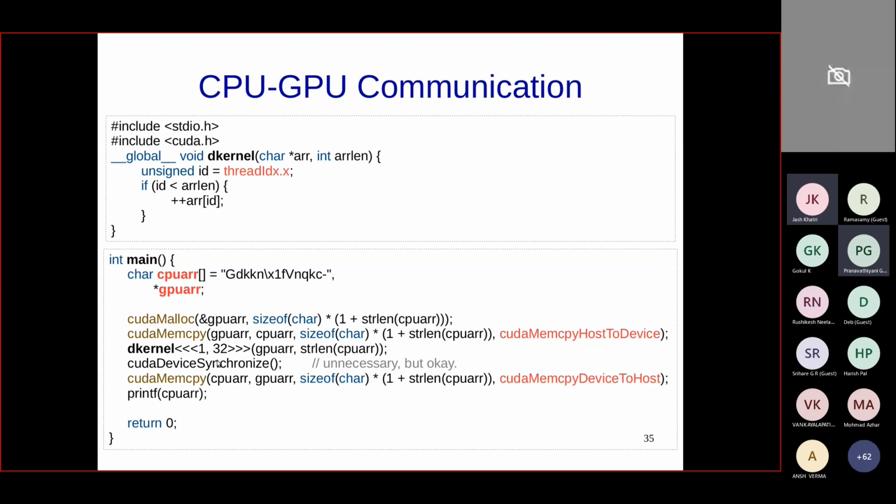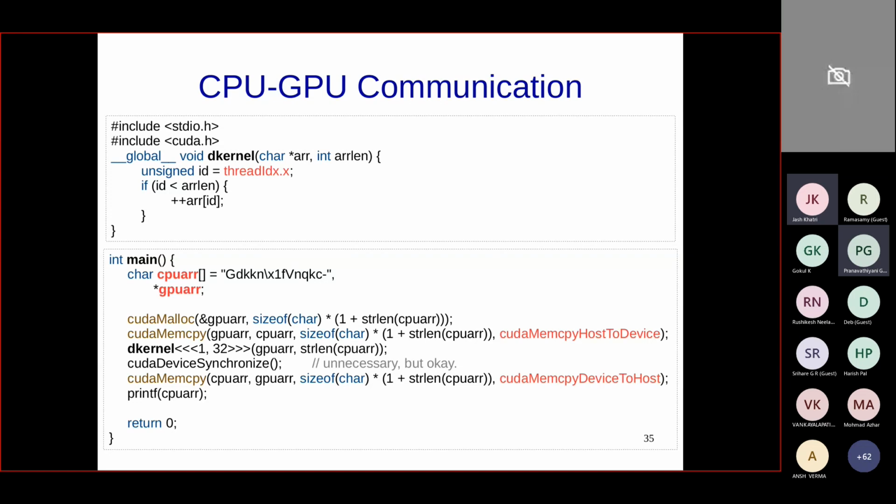Then we are copying the GPU array to the CPU array, which is, we are copying the hello world from GPU memory, which was declared here, to the CPU memory, which is this CPU array, and then we are printing it here. So we all know that the result will be hello world now.